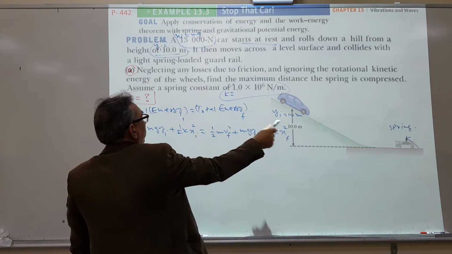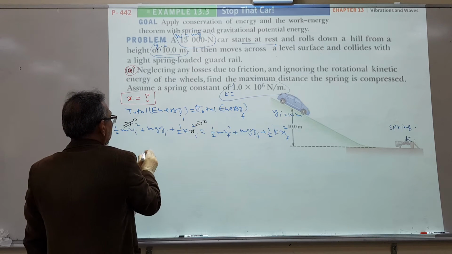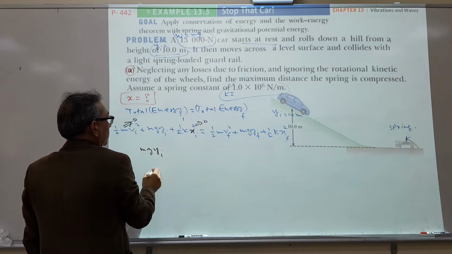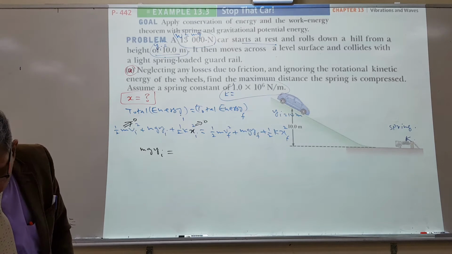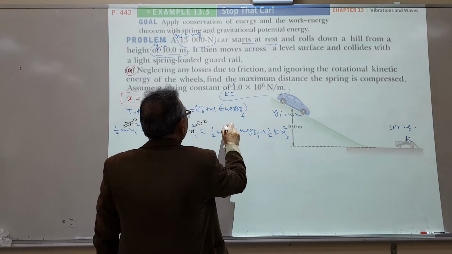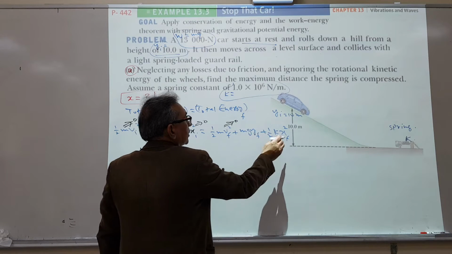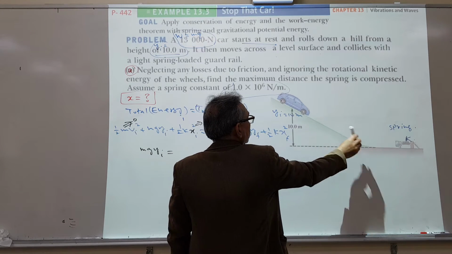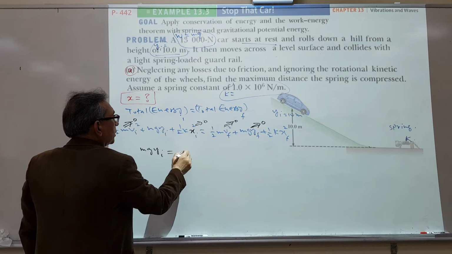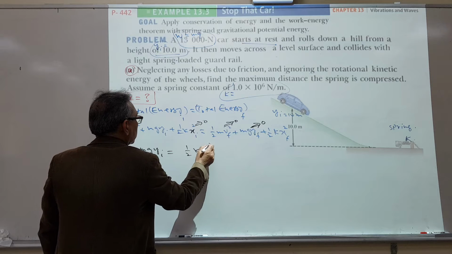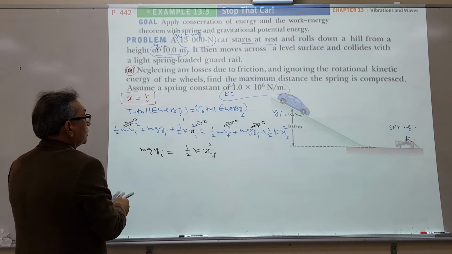Spring is far away, so no compression, no extension. This is 0 again, so you are left with this on the left side, and on the right side you have this. Y final is 0, because once you are coming down, height is decreasing and at this point height becomes 0. Good, so you are left with this one, x final or simply x, whatever you call it.